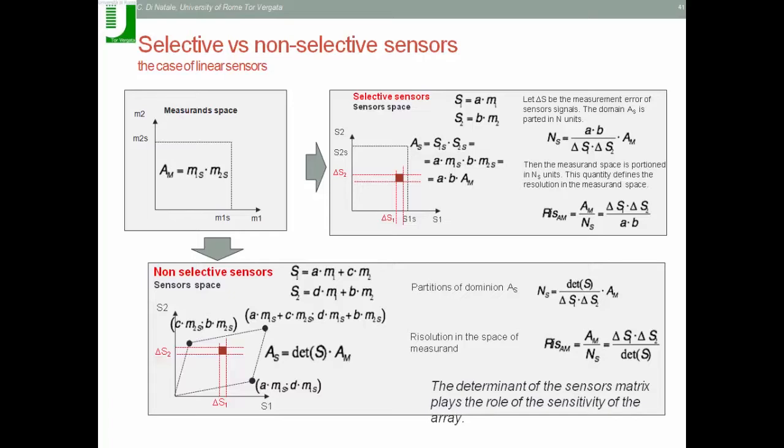But it is this domain that is changed. It is no more a square rectangular domain. It becomes a parallelogram because it is a different system.